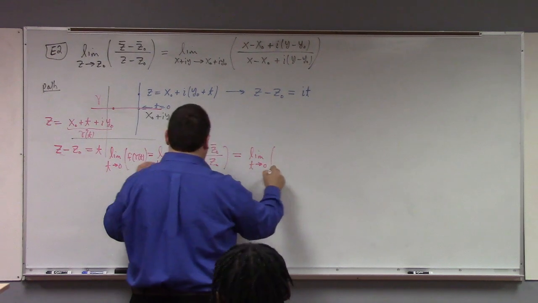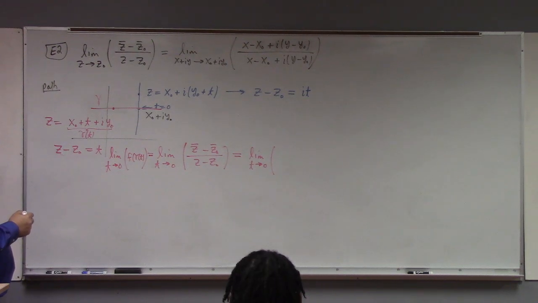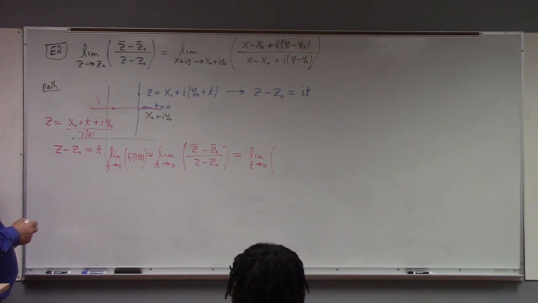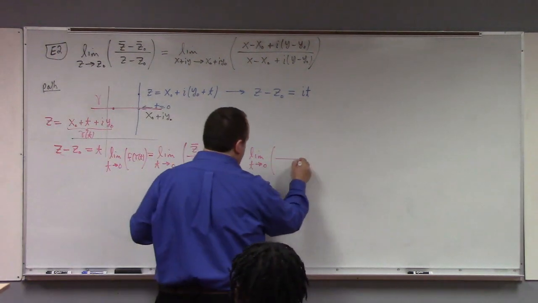So z bar minus z bar naught is what? So downstairs I just have t, right? How about upstairs?